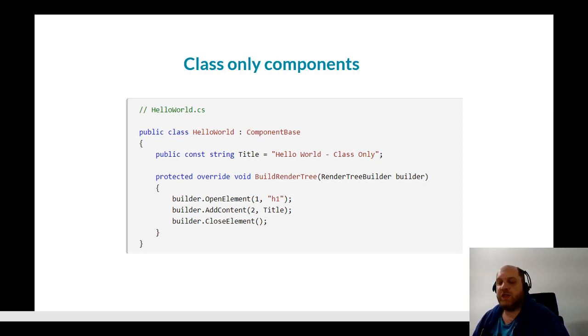You can also think about it like a shadow DOM, a shadow document object model. But this shadow document object model is nothing else than using this builder and adding different elements to it in a certain order, and then we can add some sub elements and so on. So purely theoretically, we can define Blazor components only by using C# code.